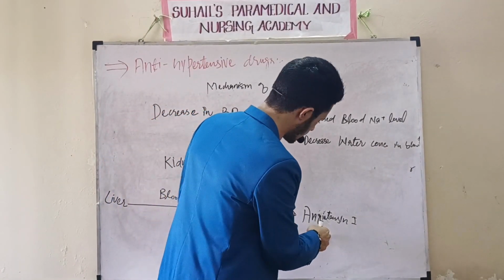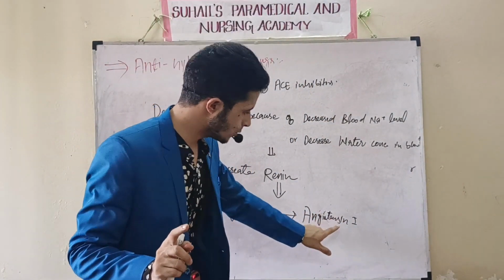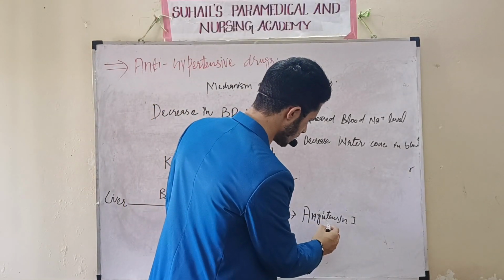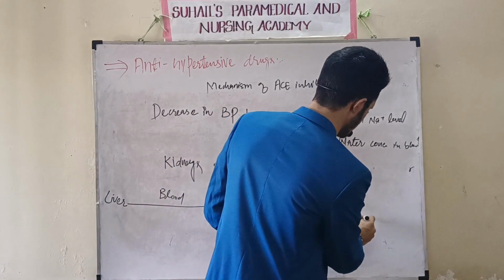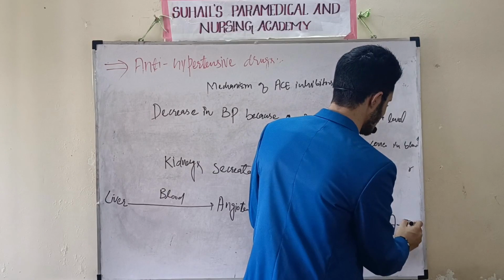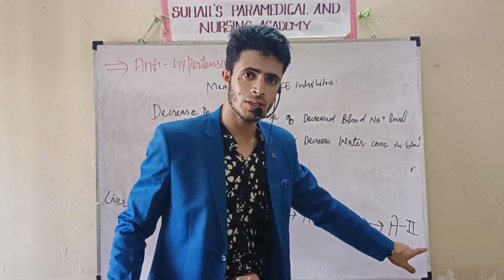When renin is produced, it will convert angiotensinogen into angiotensin first. Now angiotensin first will be converted into angiotensin second.